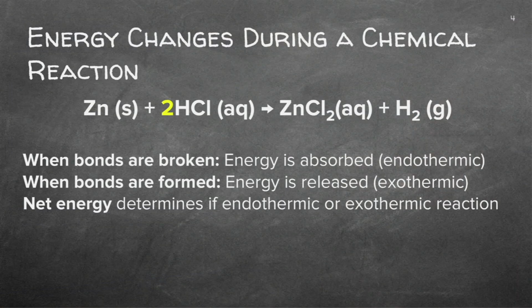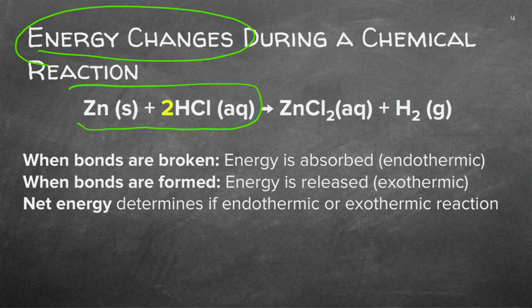So what happens here is that we'll have energy changes. What we have on this side of all chemical reactions is the reactants. For these reactants to become a product, they first have to be pulled apart.